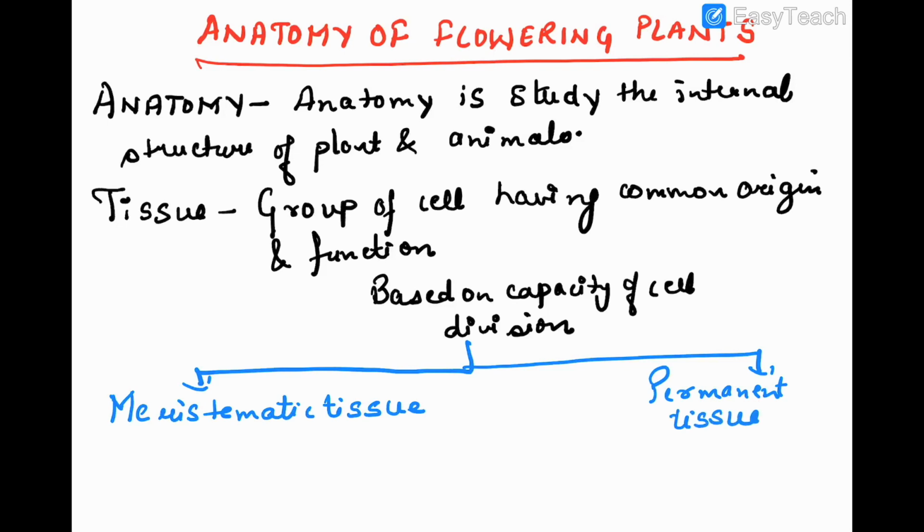Meristematic tissues are those tissues where active cell division and growth take place.